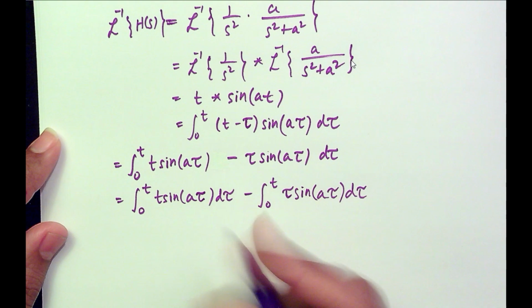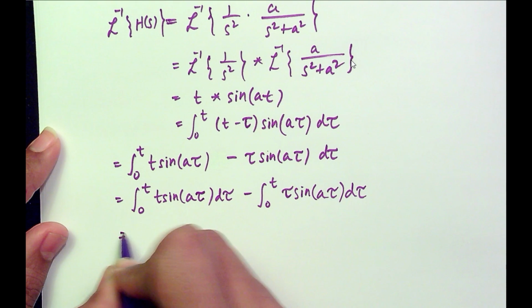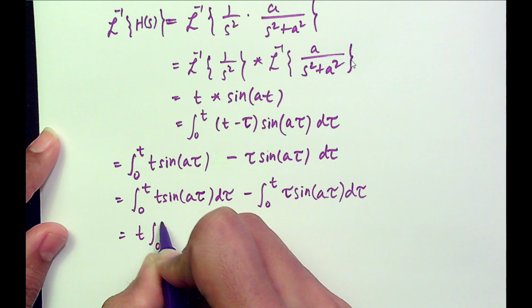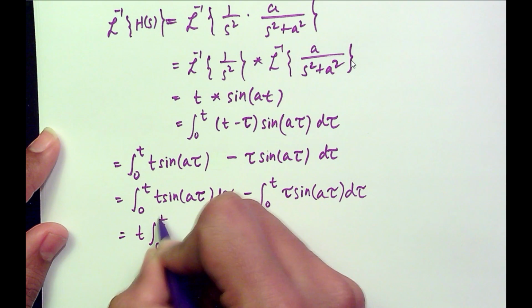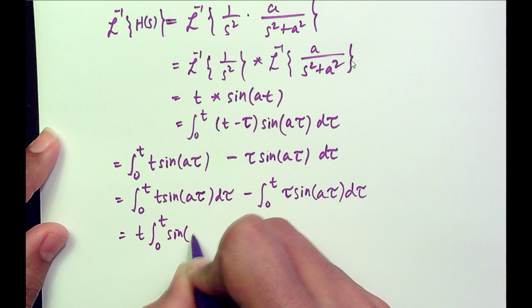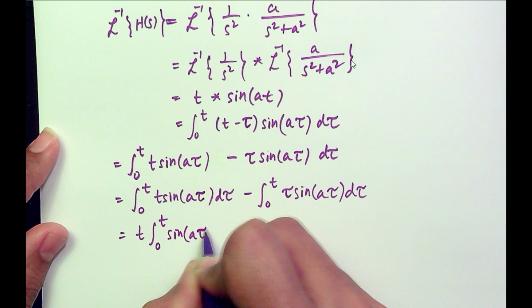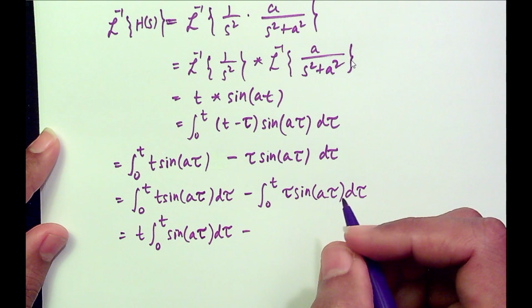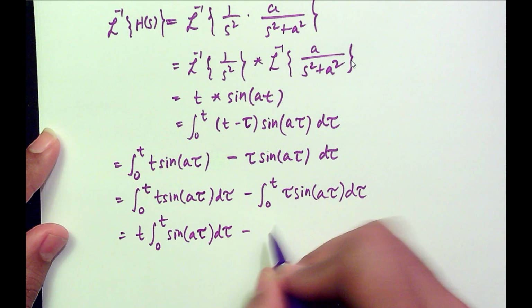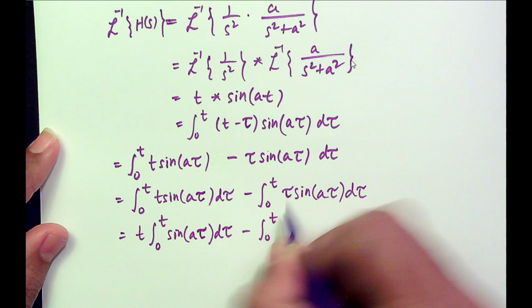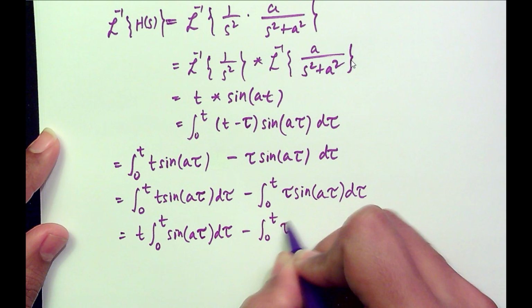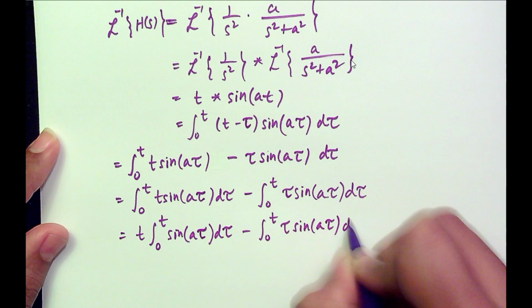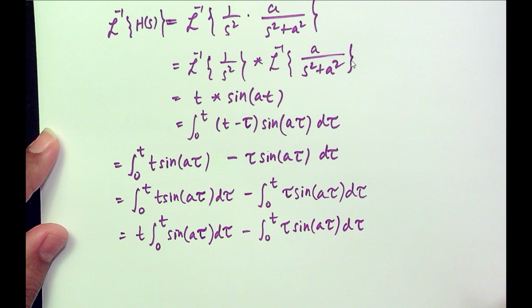So this is t times the integral from 0 to t of sine of a tau d tau, minus the integral from 0 to t of tau sine of a tau d tau.